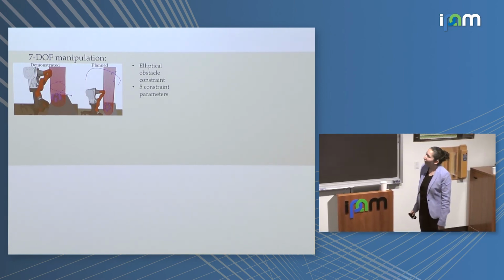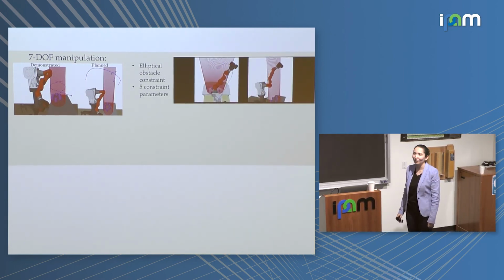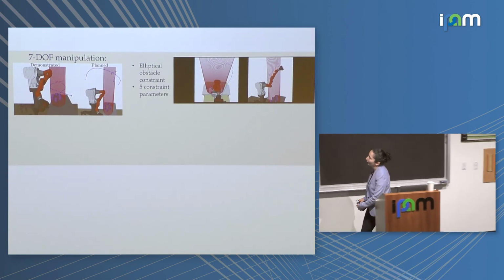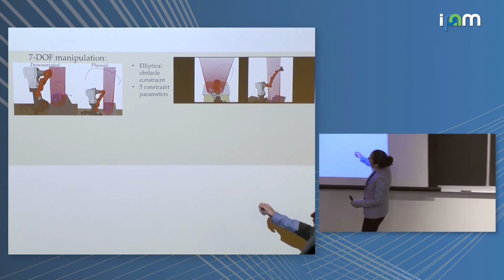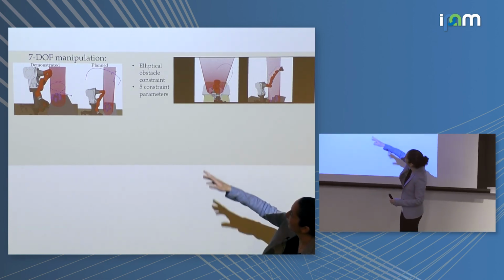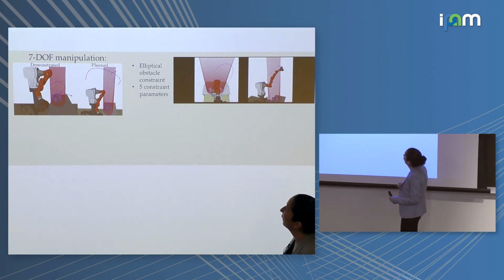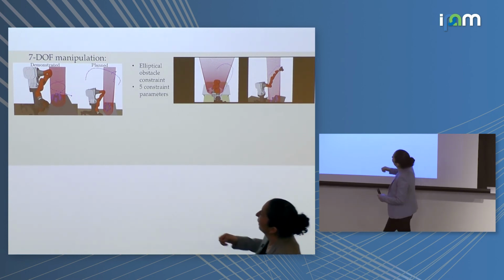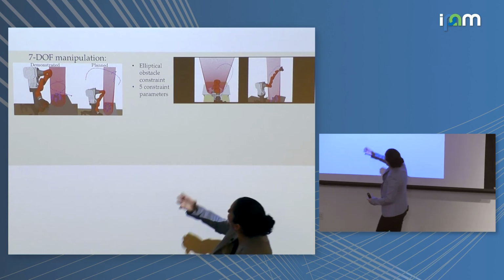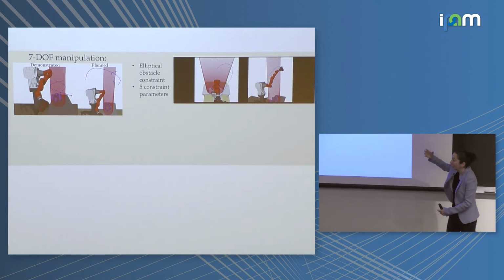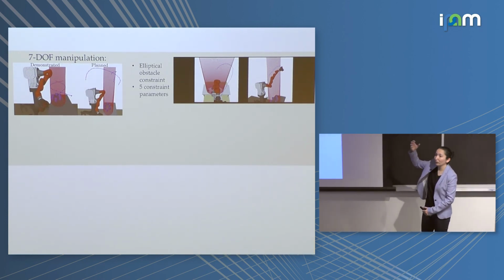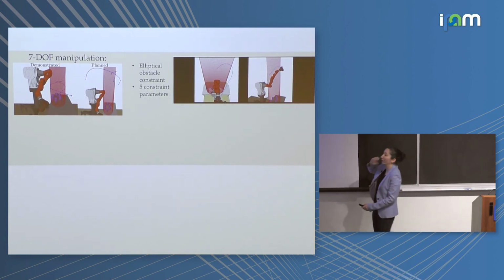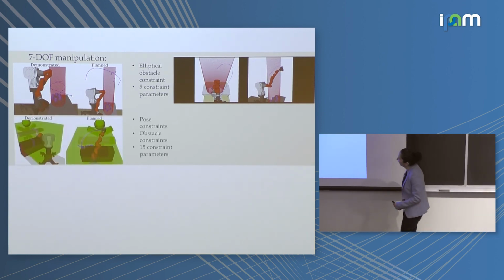So we have some fun examples. Here, what we are trying to learn is that there are these demonstrations with this 7 degree of freedom arm, and it's avoiding this elliptical constraint. And we can learn that elliptical constraint from a few optimal demonstrations, and we can do planning.